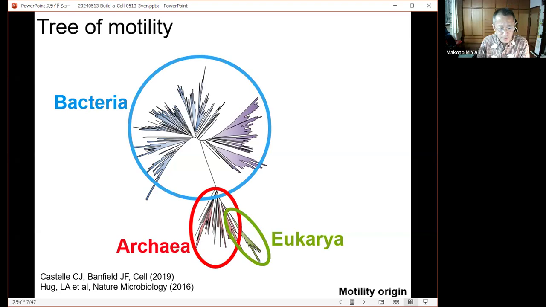There are so many cell motility systems on Earth. So we tried a classification of those motility systems. We focused on the structure of the force-generating unit.